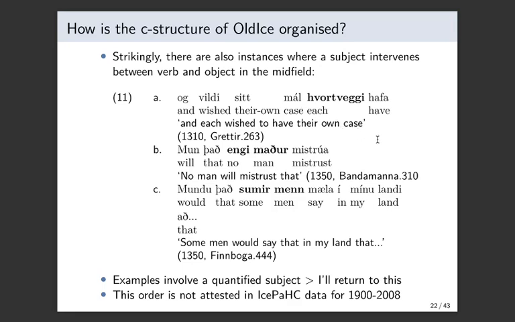Now, you might notice that all of these examples involve a quantified subject in some way, and I'll return to this in a bit. Importantly, I did a check in the IcePaHC data for modern Icelandic, and this order where you have a subject intervening in this way is not attested. So it seems to be an Old Icelandic thing, or an earlier Icelandic thing.